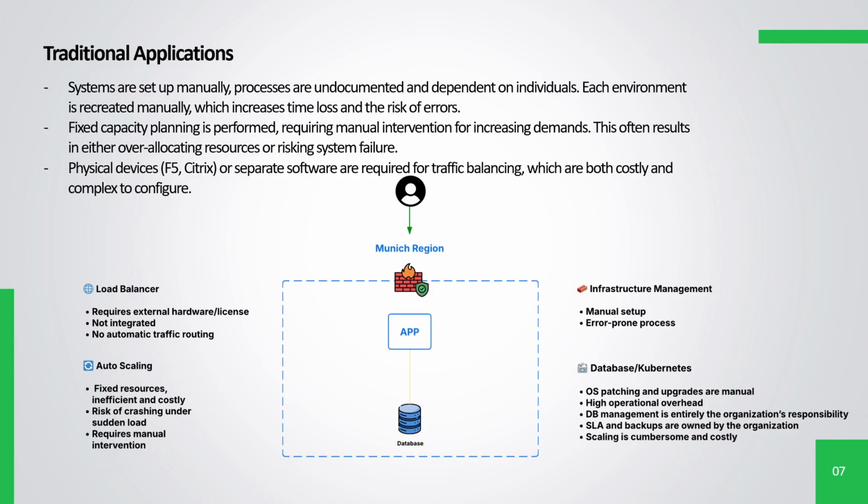In the on-prem world, there are usually two typical scenarios for load balancing. Either you purchase external hardware like F5 or you license a virtual load balancer solution. But the real issue is not only the device or the license. The real problem is what happens when your infrastructure grows. The load balancer is not natively integrated into the platform in an automated way.